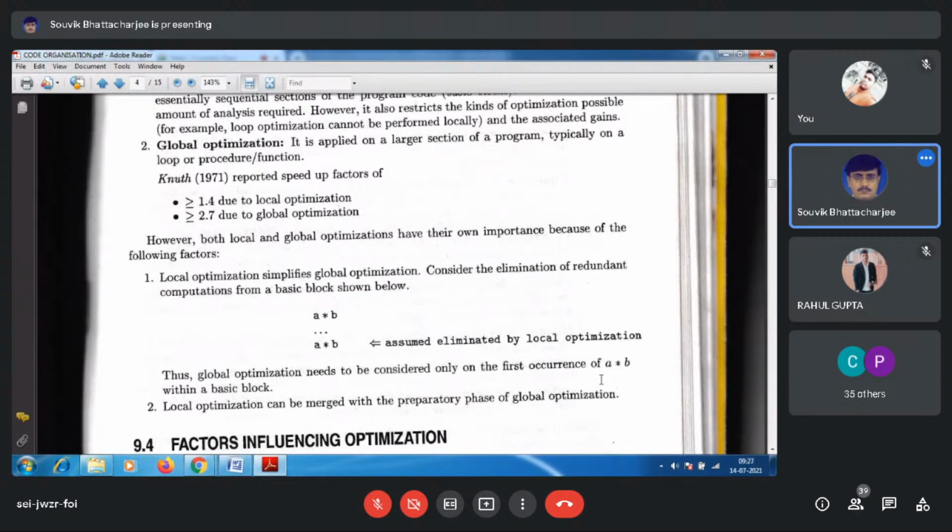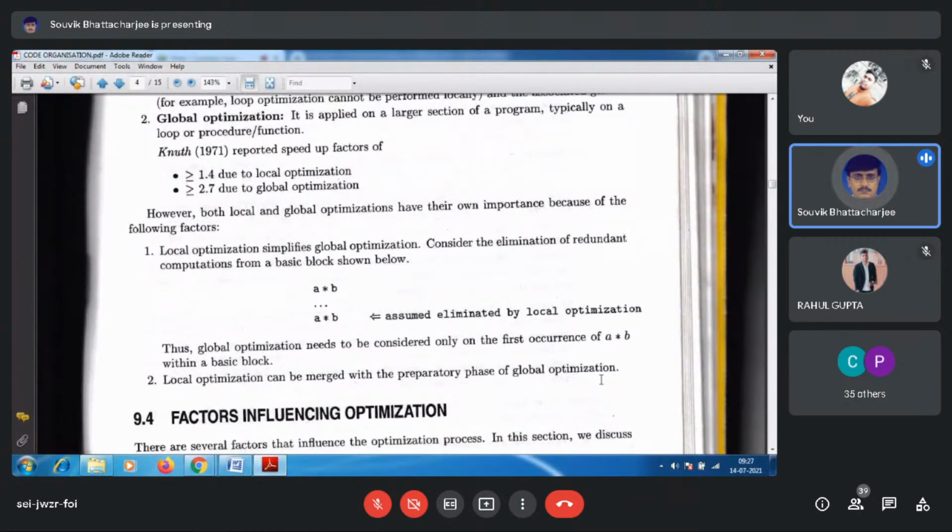That is, if F assigns to A star B, followed by G assigns to A star B, followed by M assigns to A star B, in that case the first computation is done and assigned to F, and then G is assigned F, and M is assigned F. In this way, you can do it.